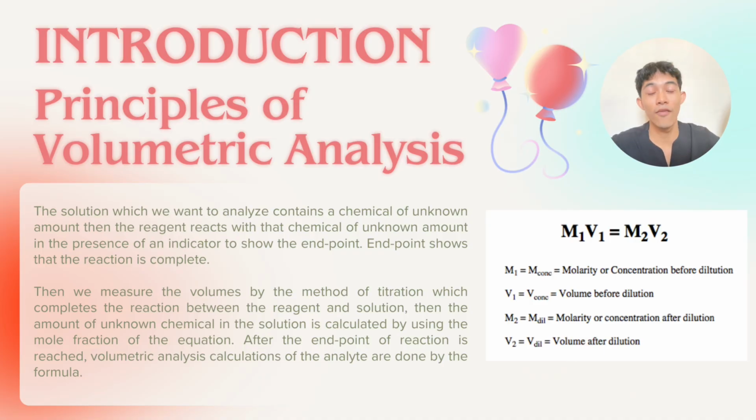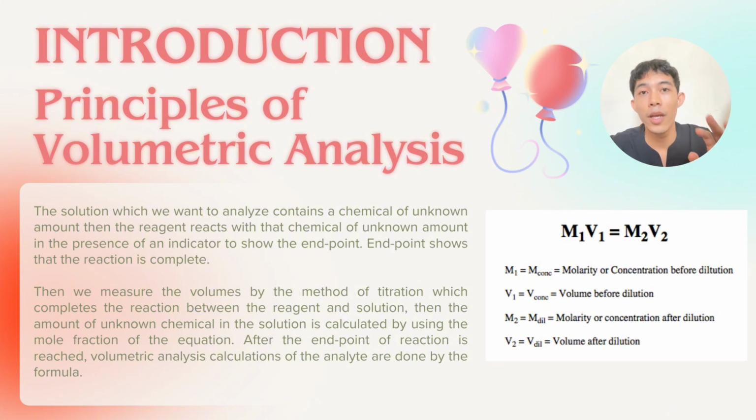Introduction to principle of volumetric analysis. The solution which we want to analyze contains a chemical of unknown amount. The reagent reacts with that chemical of unknown amount in the presence of an indicator to show the endpoint. The endpoint shows that the reaction is complete. The indicator, for example methyl orange or phenolphthalein, changes color at the endpoint and shows that the reaction is complete.